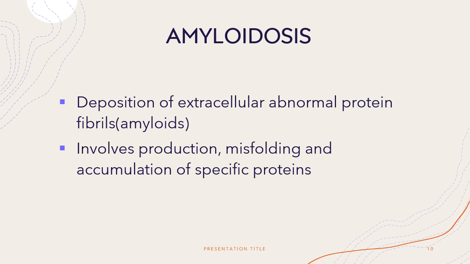Amyloid deposits interfere with the normal architecture and function of the affected tissues. They can also cause cellular toxicity and inflammation by the presence of amyloid fibrils. That is for amyloidosis.